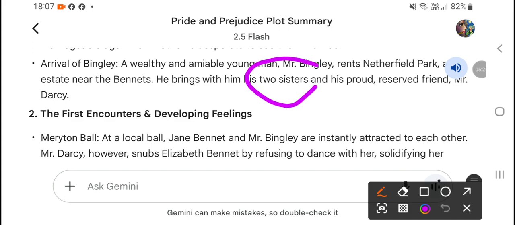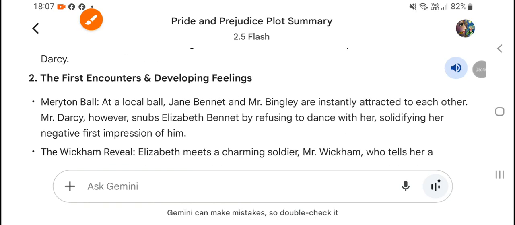So two sisters, then Mr. Bingley and his friend. Four people come to live nearby the Bennet family.